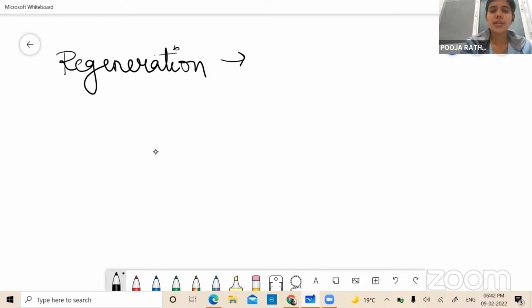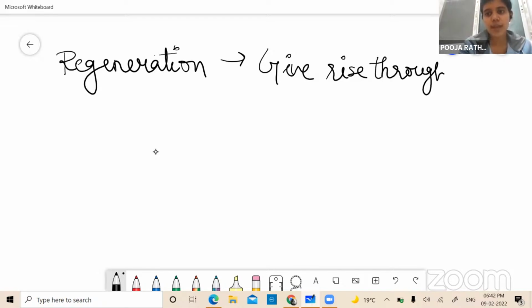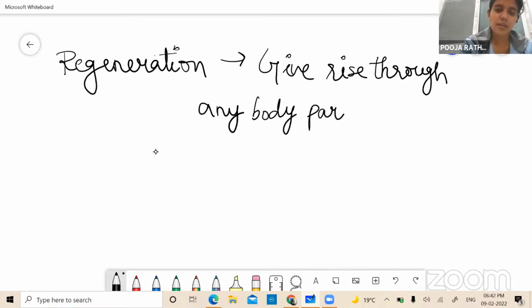In regeneration, any body part gives rise to a new daughter cell. Okay, so that's what's called regeneration.